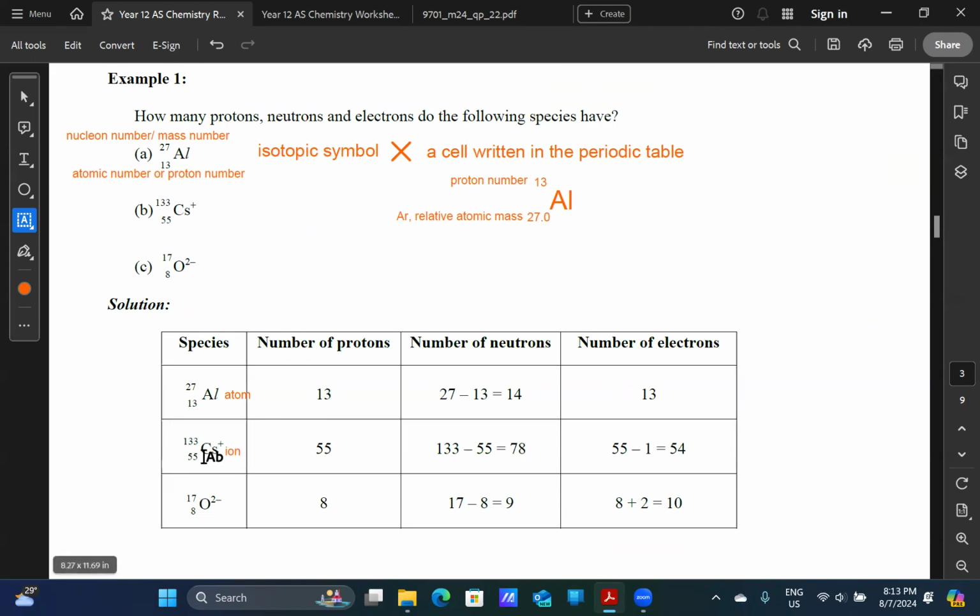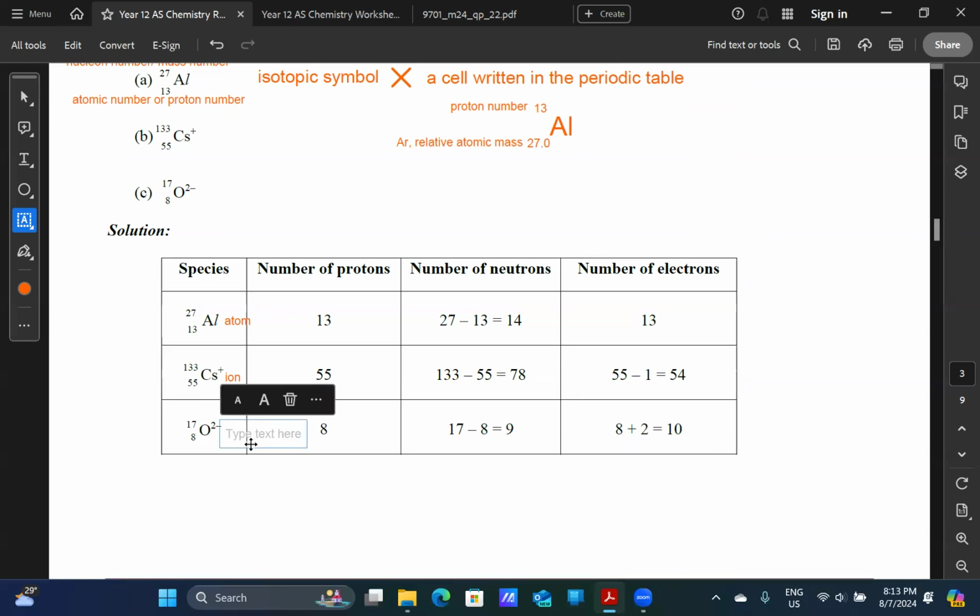This tells you cesium loses one electron. We can calculate it using 55 minus 1. Then the actual number of electrons carried by the cesium ion is only 54, because the cesium atom loses one electron to form one cesium ion.